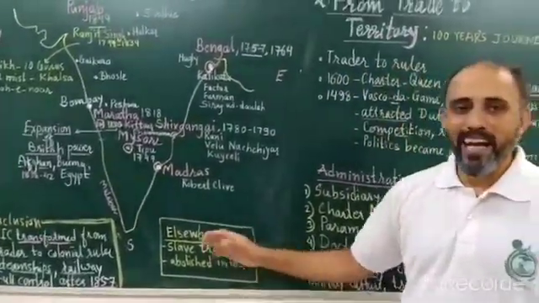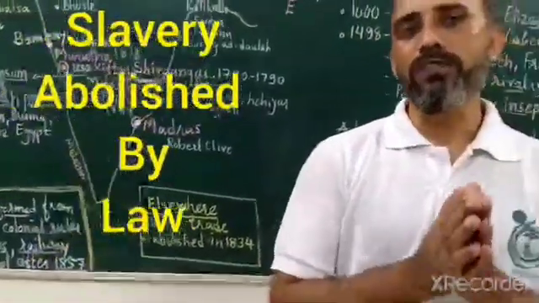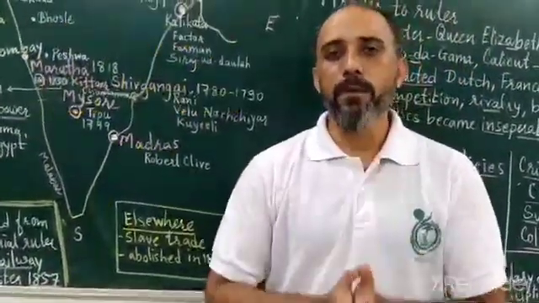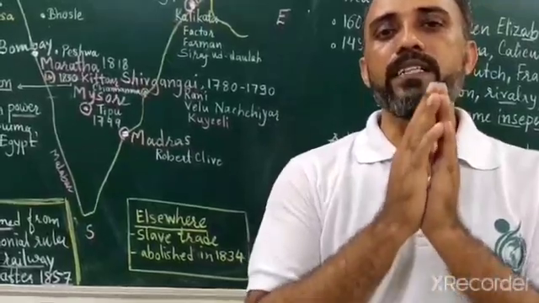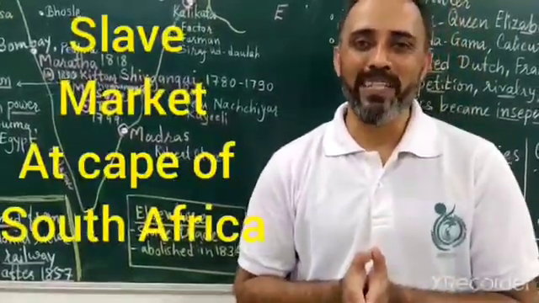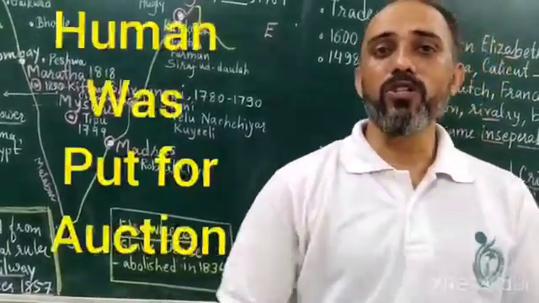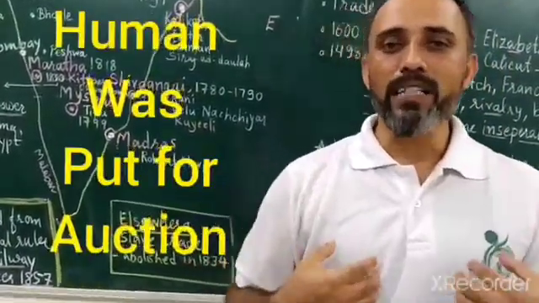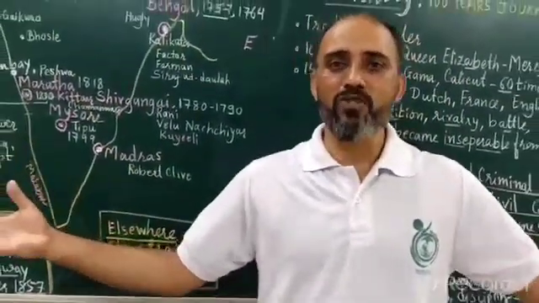So last part, elsewhere, what had happened during the same period? If you think of South Africa, on the Cape of South Africa, we know the world's biggest slave market used to take place, and slave market means human beings were sold, like how in the markets fish, meat and commodities are sold.